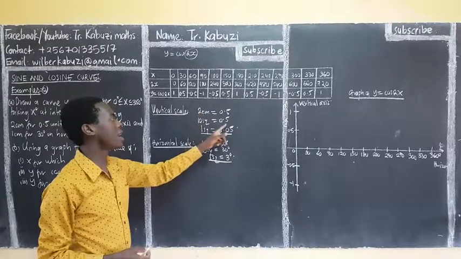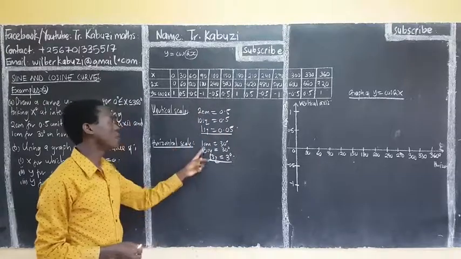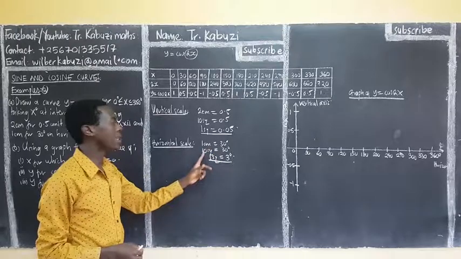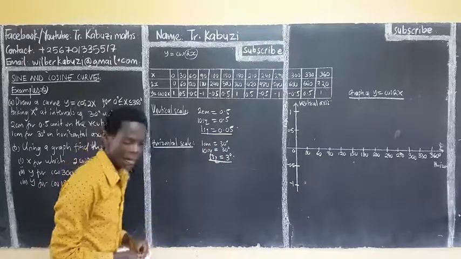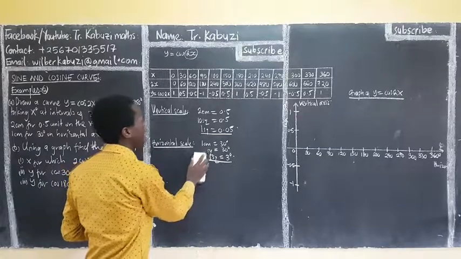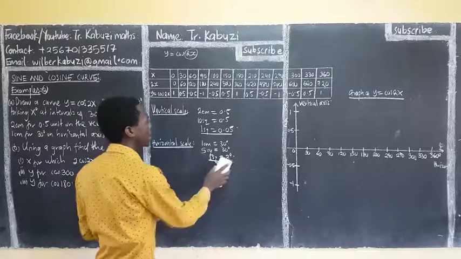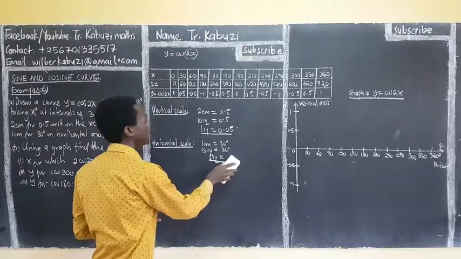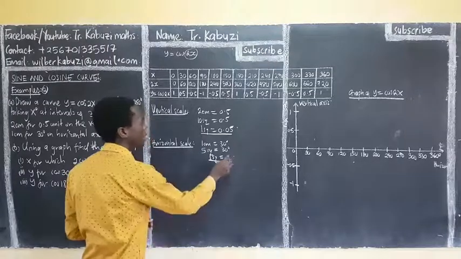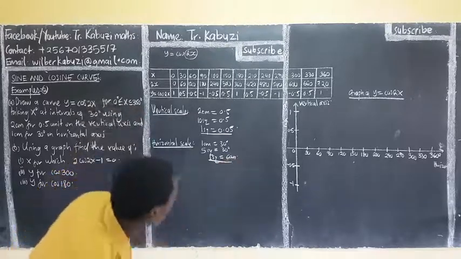On the horizontal, 1 centimeter is 30 degrees, and every 1 centimeter has 5 small squares, so every small square represents 6 degrees on the horizontal.